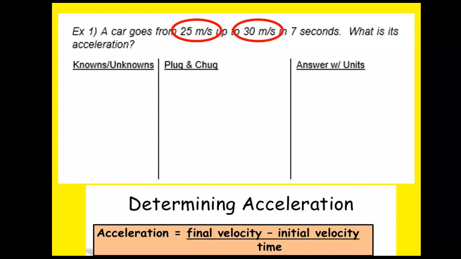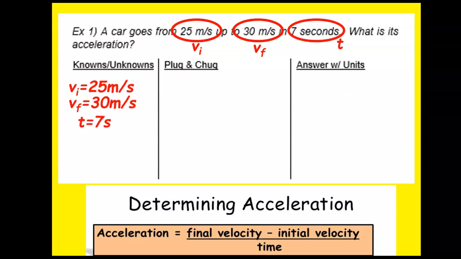So that means your initial velocity is the 25 meters per second and your final velocity is the 30 meters per second. Then 7 seconds, of course, is your time. So then listing your knowns, your unknown, what you're solving for, is acceleration, which your units should be meters per second squared.